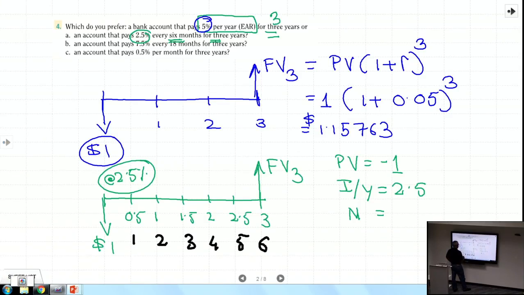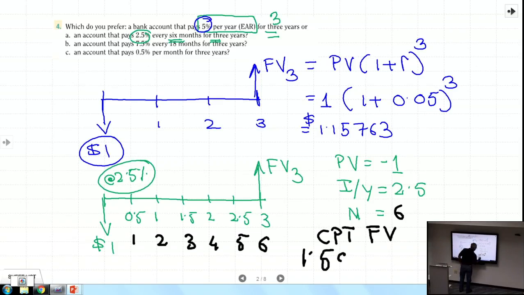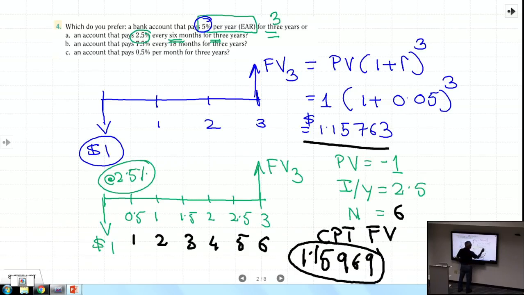There are 6 six-month periods, so n is 6, and you would compute future value. If you do that, it's 1.15969. Again, semi-annual compounding yields a higher future value than annual compounding.